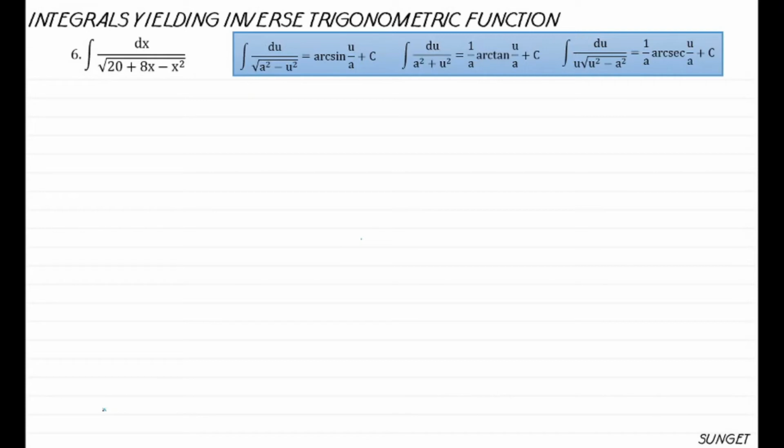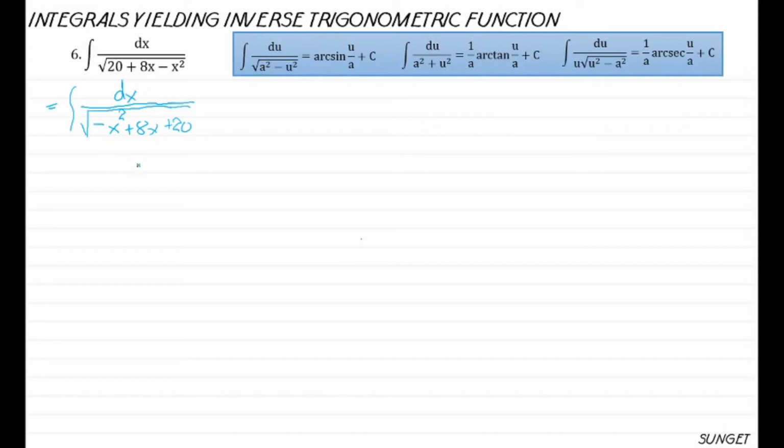Example number 6. Evaluate the integral of dx over square root of 20 plus 8x minus x squared. First, rewrite the integral. So we have the integral of dx over square root of negative x squared plus 8x plus 20.